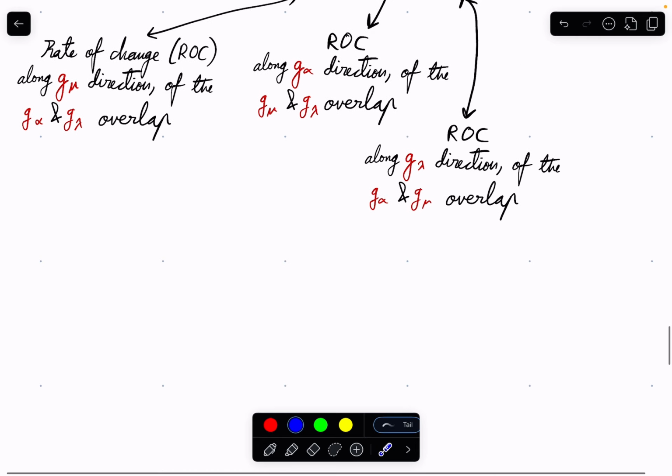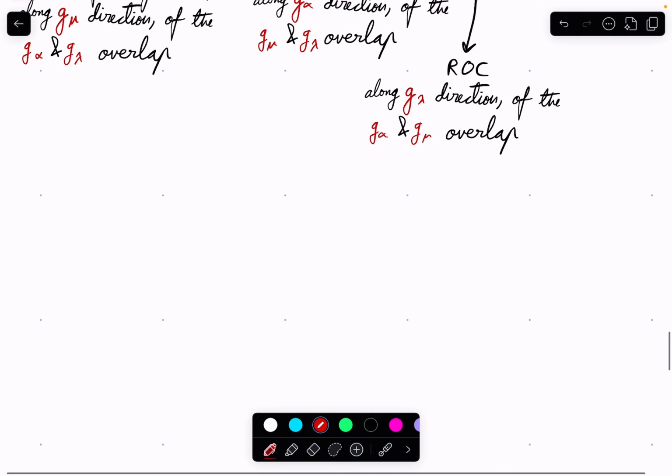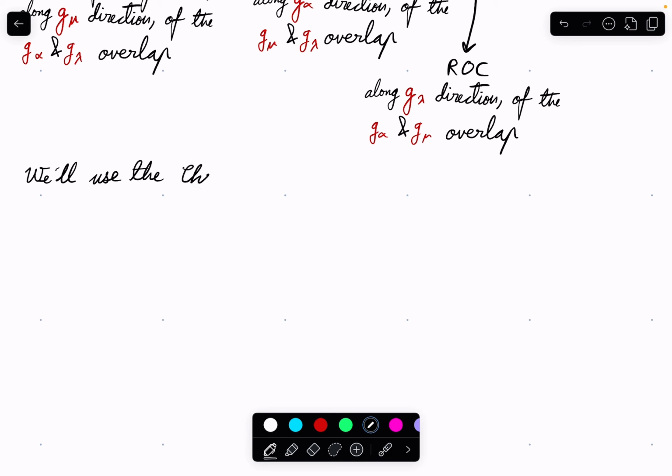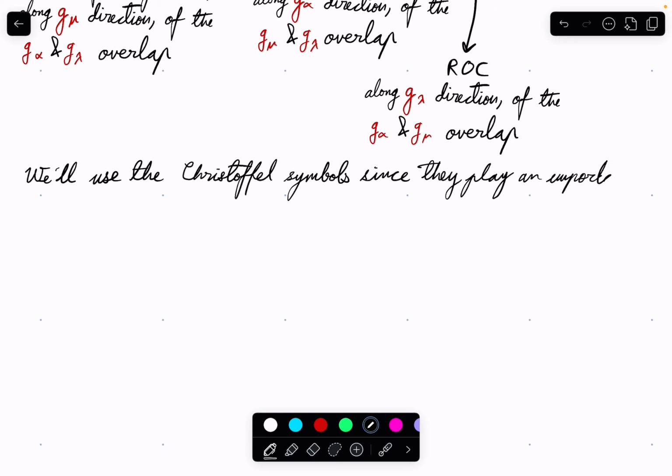So we will use these Christoffel symbols since they play an important role in the following identity, which is important in general relativity.